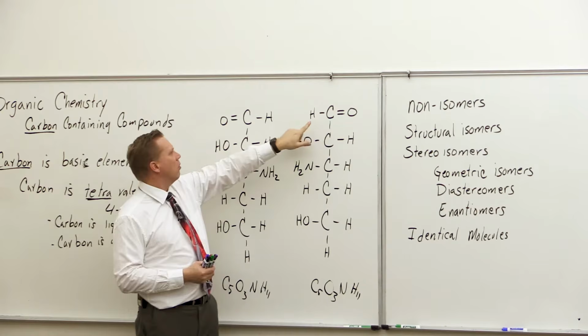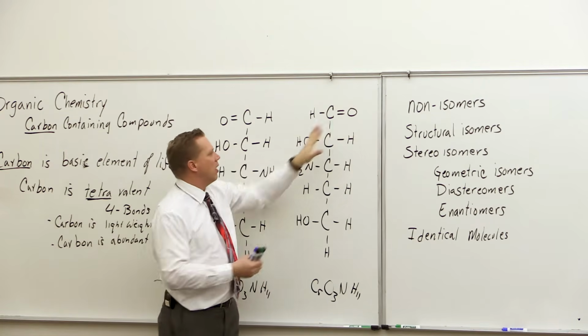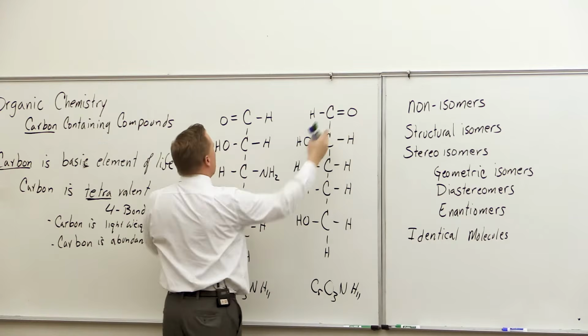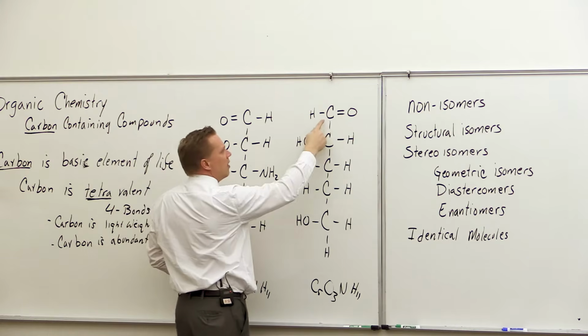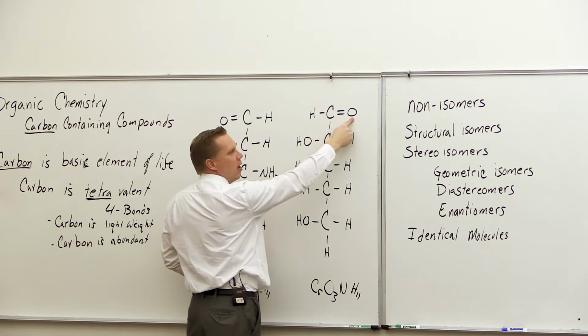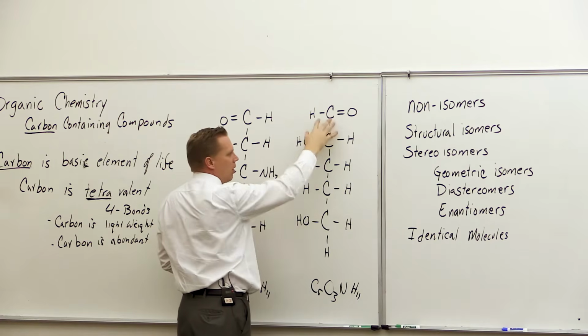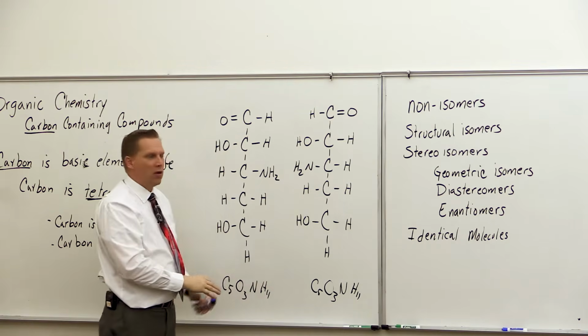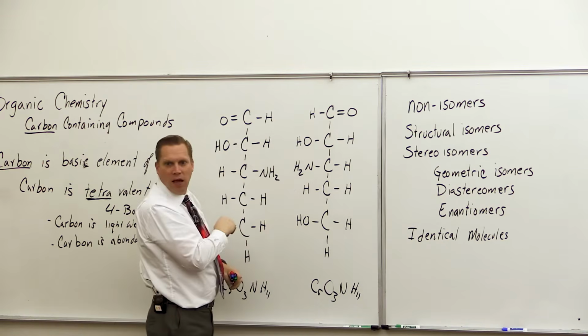For right now, you might be noticing that this double bond to oxygen seems to be on my right hand, and over here it's on the left hand. We don't care about that for now. All we care about is this carbon has a double bond to oxygen, just like this one did, a single bond to hydrogen, and then a bond to the rest of the molecule. So it looks like that has the same bond pattern as that one.